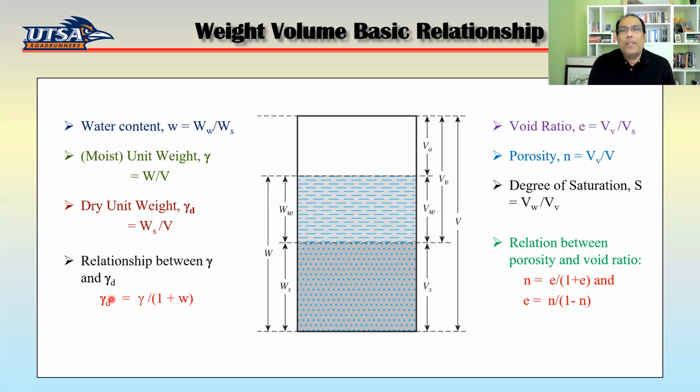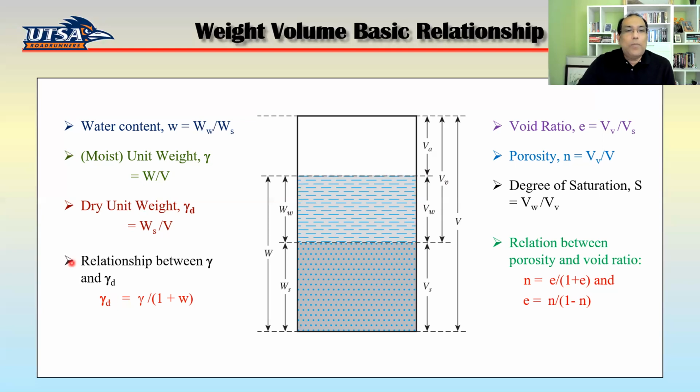Then we take the weight of the dry soil. Now, if I take the weight of the can out from there, then I can find out the weight of the solid. By subtracting the two, I can find out the weight of the water. So if I know the weight of the water and divide that with the weight of solid, that's actually the water content, right? So that's the way we find out our water content most of the time.